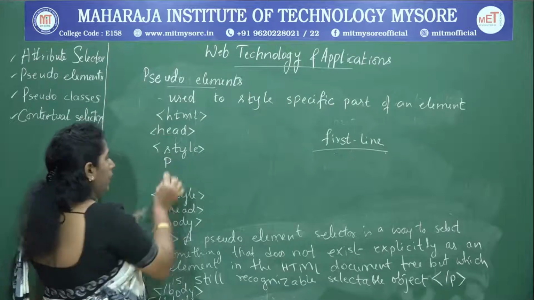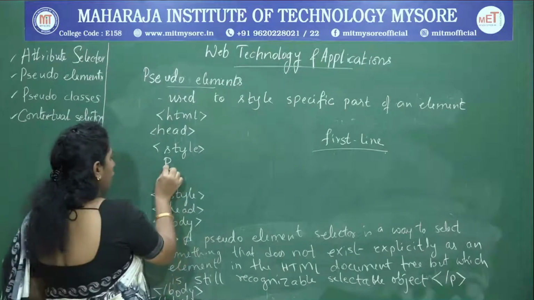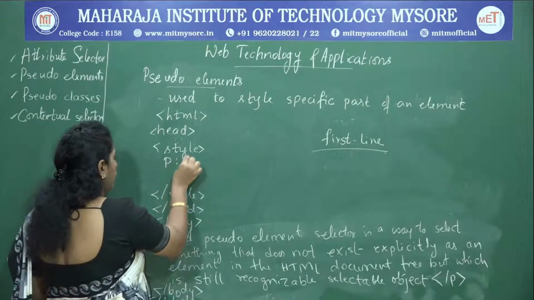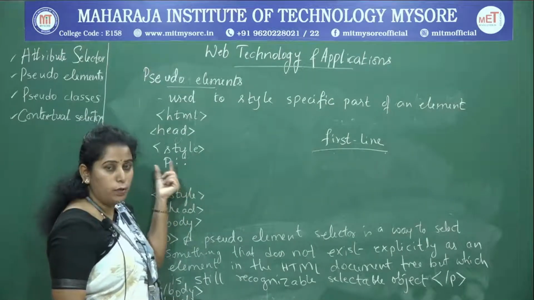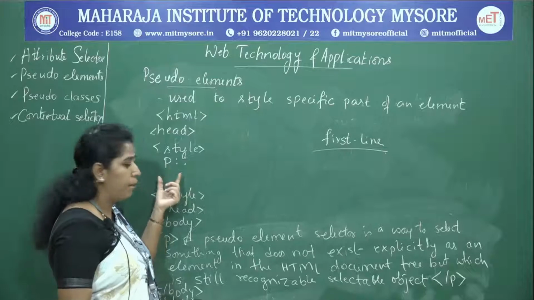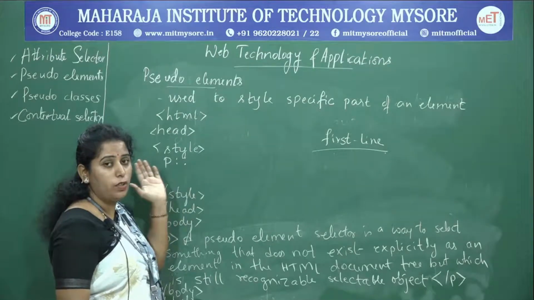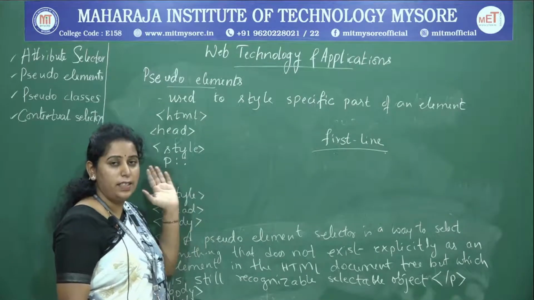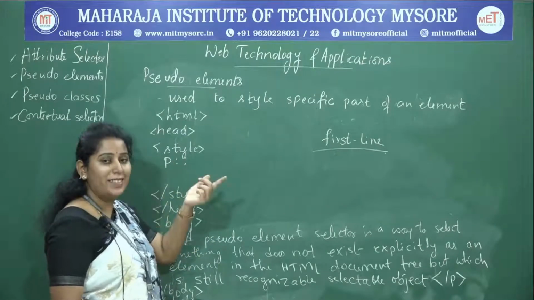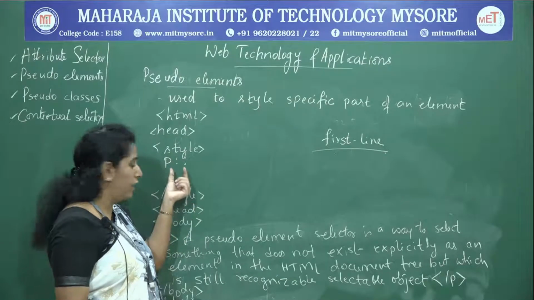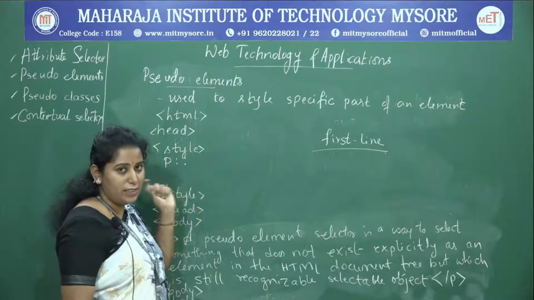So in the style part you have to mention P, then 2 colons you are using here. Sometimes you may use a single colon. That works in the case of versions CSS1 and CSS2. When you make use of 2 colons, you have to think that it is working for version CSS3.